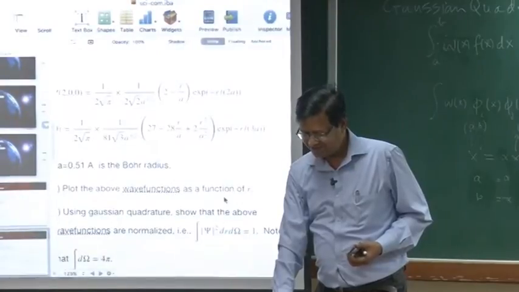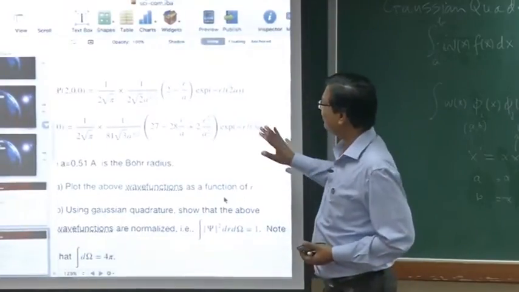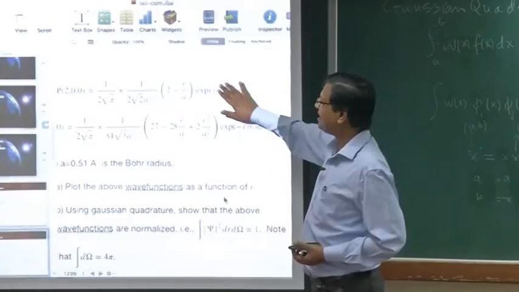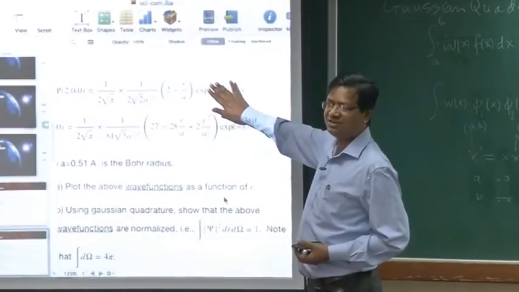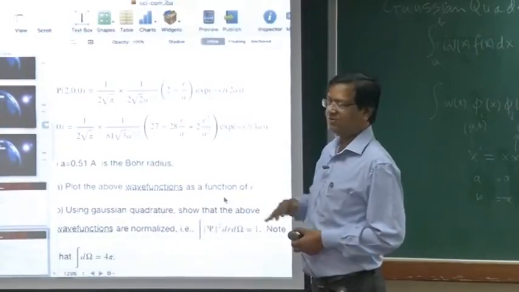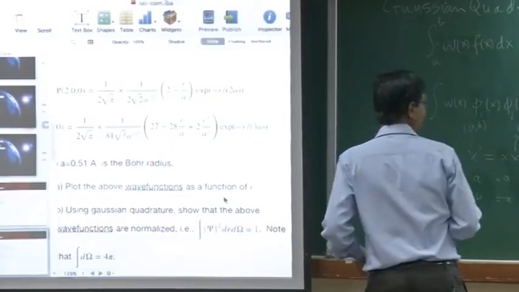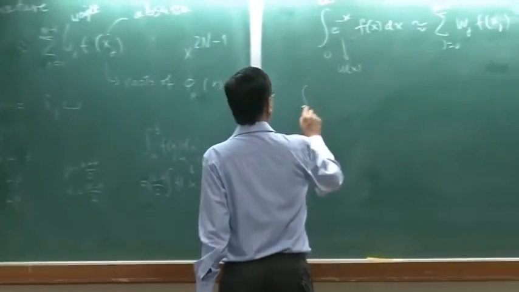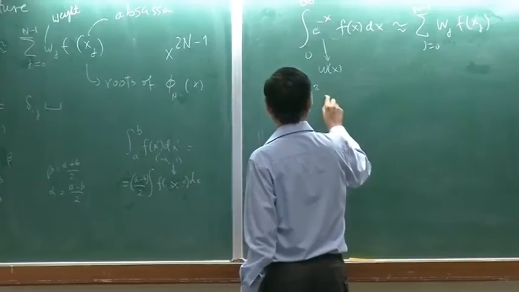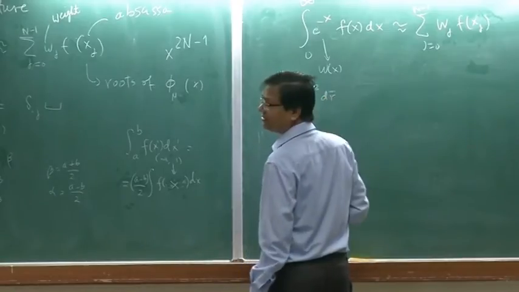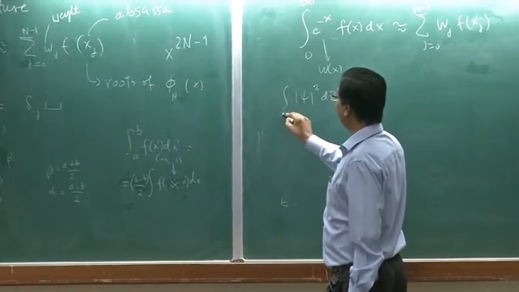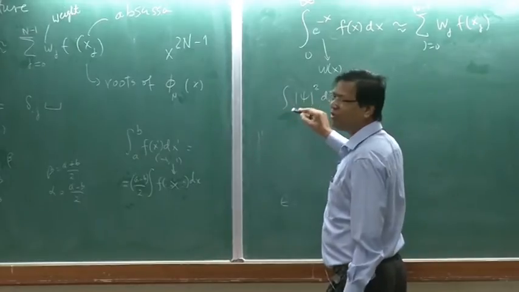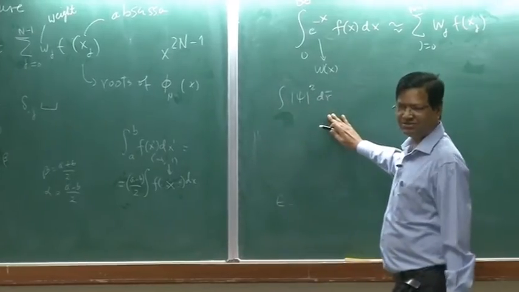Actually, f of r won't be that. Sorry, what is f of r? Let us say I want to compute the integral of mod psi squared d vector r over the whole volume. Right now I can't put the limits.